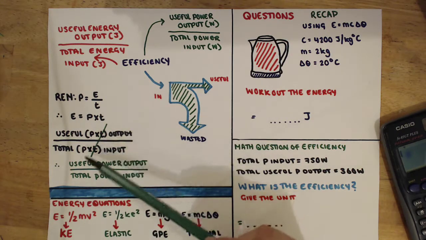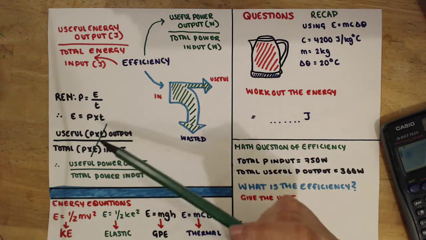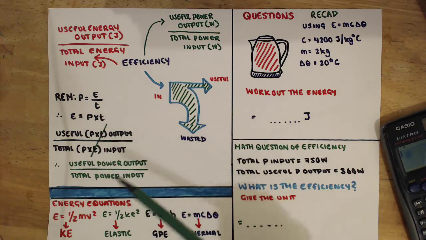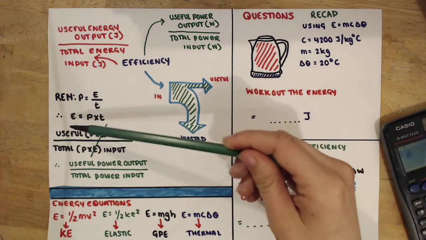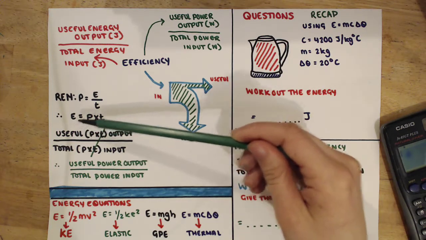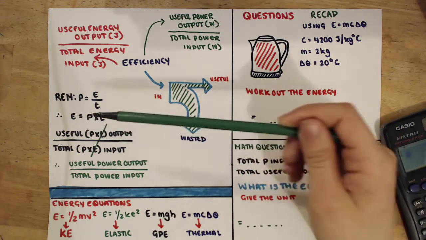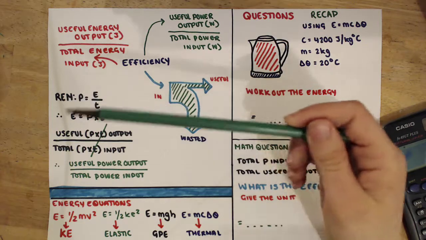Because the time for it to transfer is the same, we can just cancel the time, and then you're left with useful power output divided by total power input. Hopefully that makes sense. We've used the relationship between power, energy and time. We've rearranged for energy, energy equals power times time, by multiplying both sides by time.